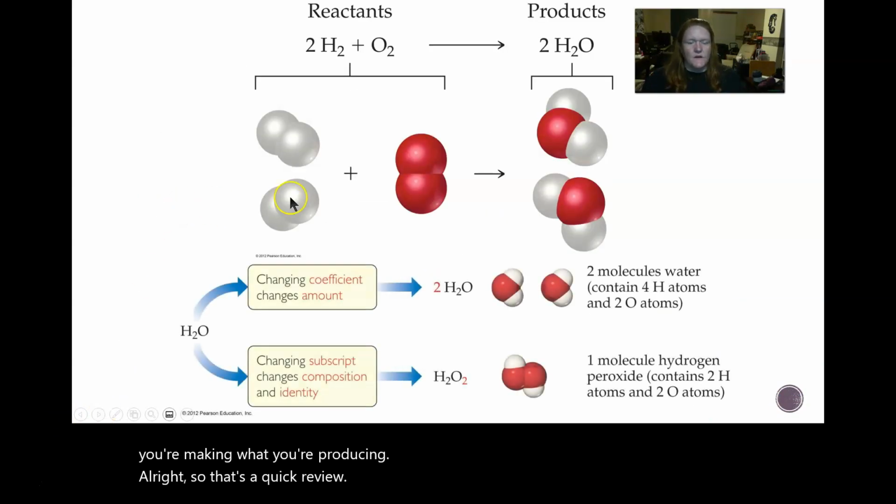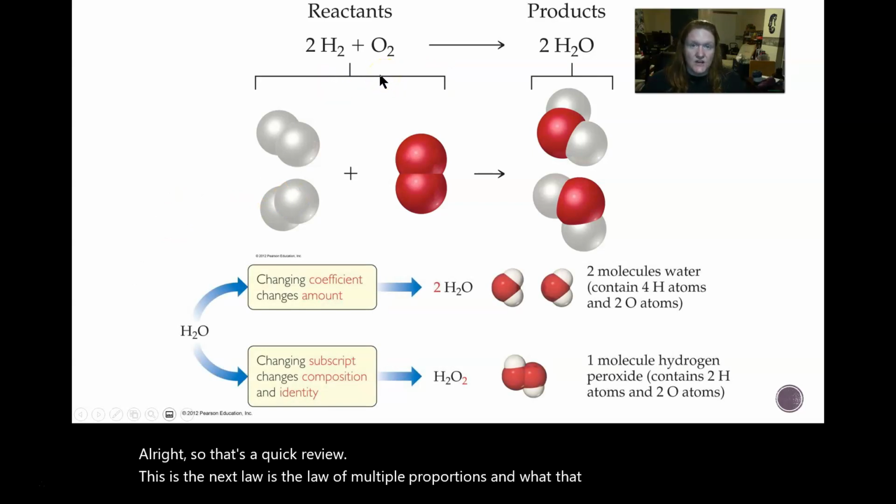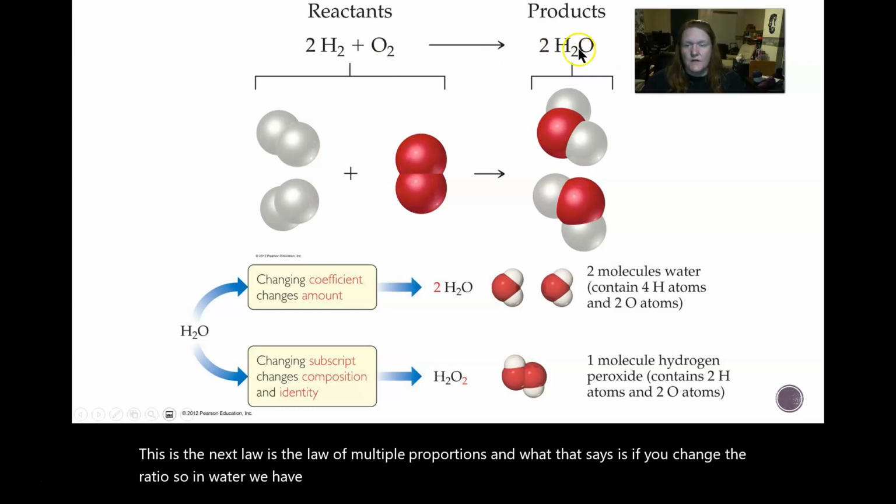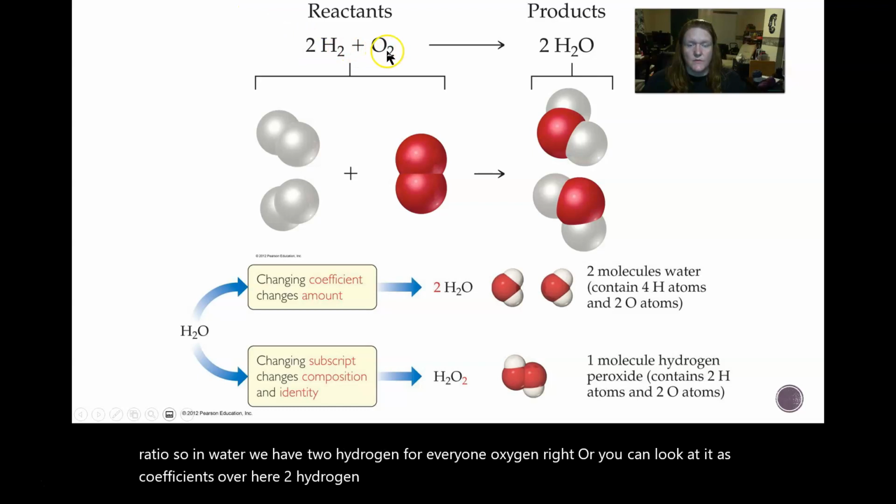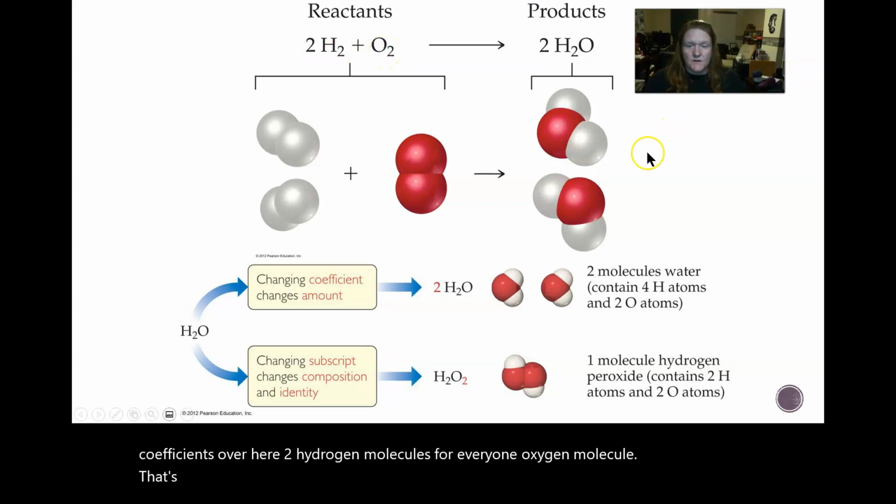This is the next law, the law of multiple proportions. What that says is if you change the ratio, so in water we have 2 hydrogen for every 1 oxygen, right? Or you can look at it as coefficients over here, 2 hydrogen molecules for every 1 oxygen molecule. That's from conservation of mass.